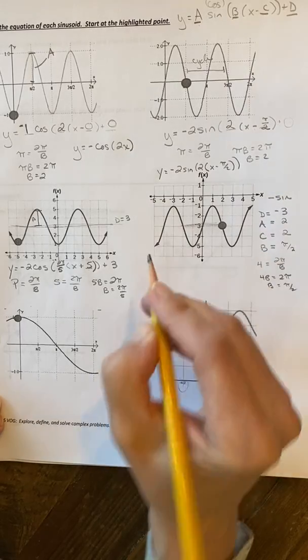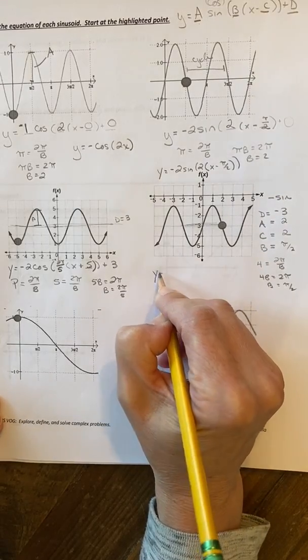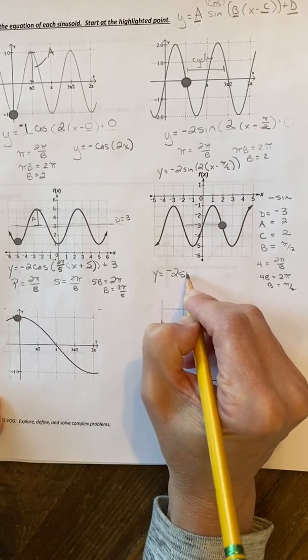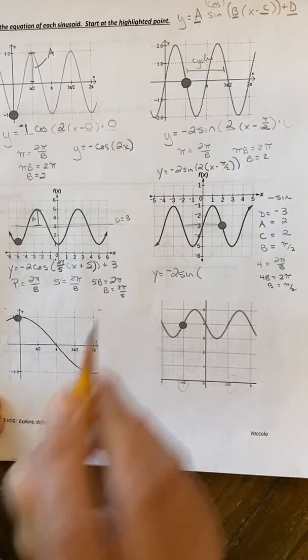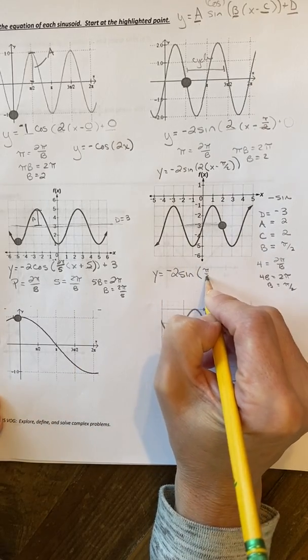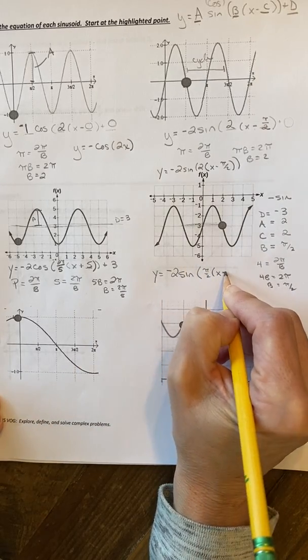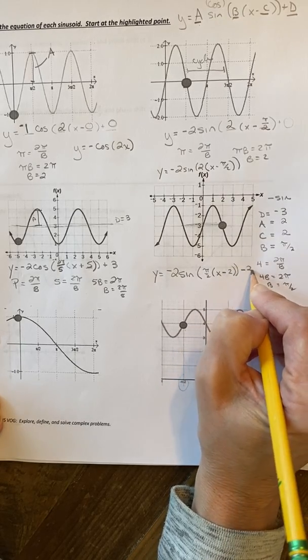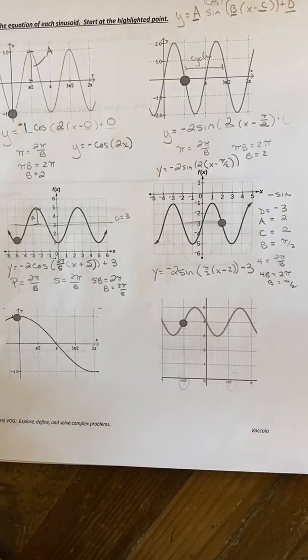All right, so let me put all of this information together. Y equals -2, because of the reflection, sine (pi over 2 x minus 2) minus 3. How'd that one go?